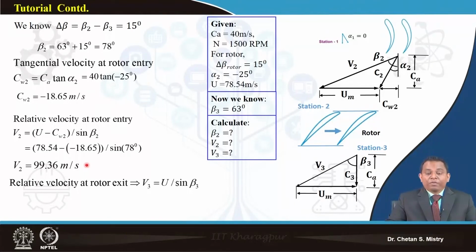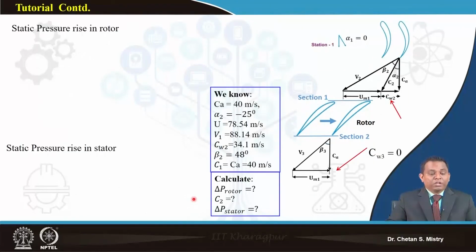Now, we are looking for our exit relative velocity from this rotor. That is given by U by sin beta 3. If I put those numbers, we will get our relative velocity V3 to be 88.14 meter per second. Once we know the relative velocity at the entry and at the exit of my rotor, we can calculate the static pressure rise in the rotor.